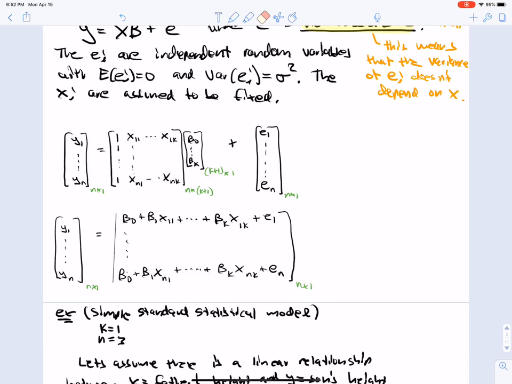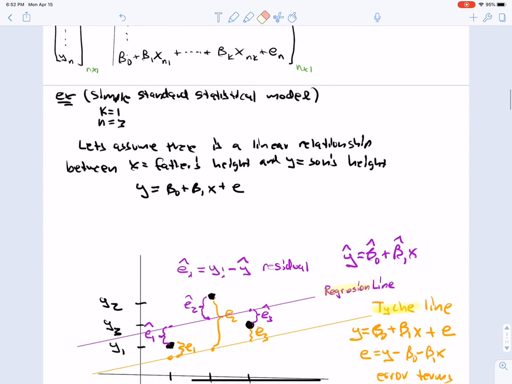So you're writing an observation. So basically, this is going to allow you to predict a response based on your fixed predictor values.